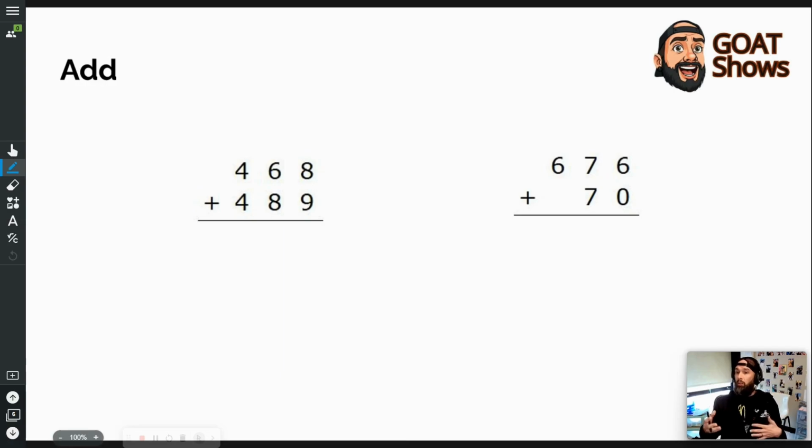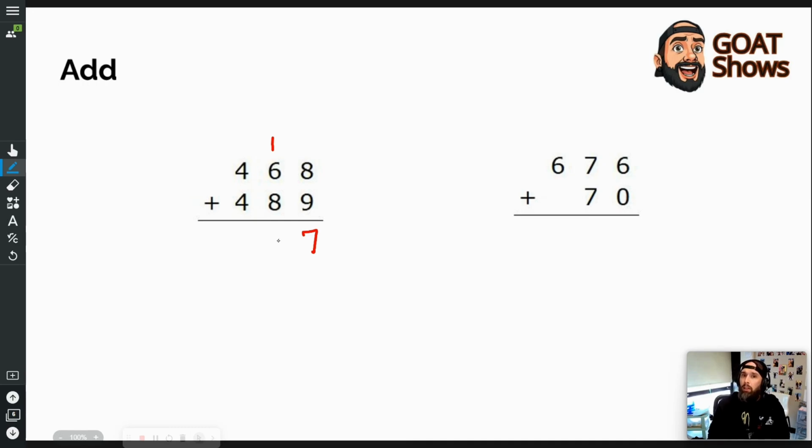These guys are just a little bit more complicated, but that's okay. Start all the way to the right. 8 plus 9 is 17. So you write out the 7 and carry the 1. Now you add those 3 numbers up. 1 plus 6 is 7. 7 plus 8 is 15.